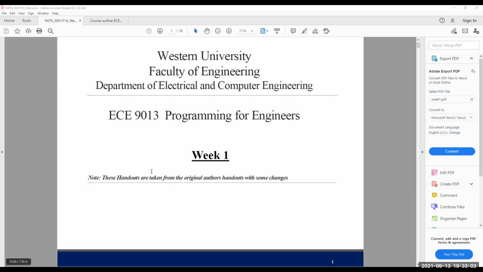The screen is frozen. It shows the first page only. Oh, really? Yeah, we're only looking at the first page of the slide. Okay, guys. Seems there's an issue with Zoom itself.